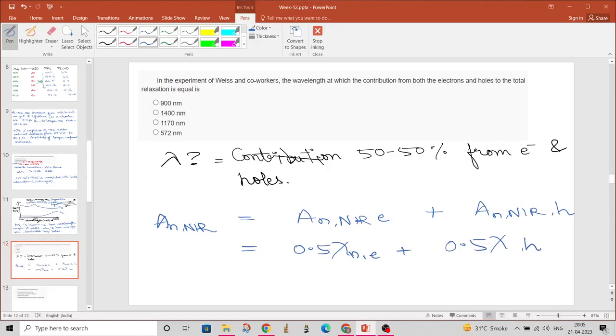This is the chi N e and chi N h, the contribution of electron and hole to the nth mode of the decay.